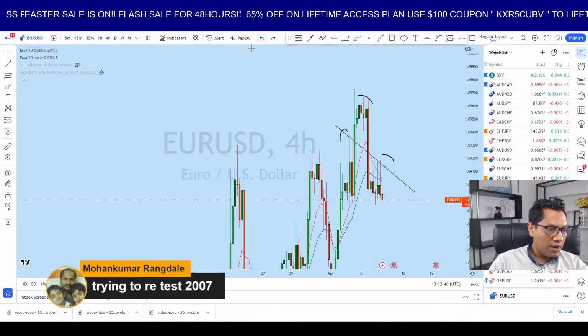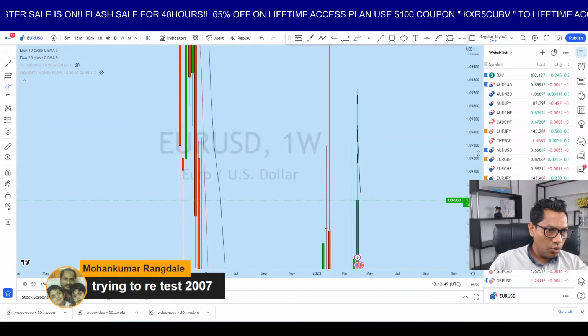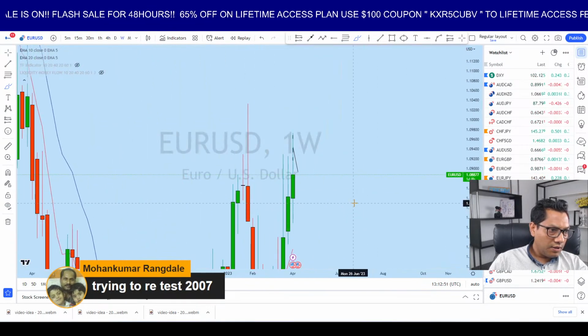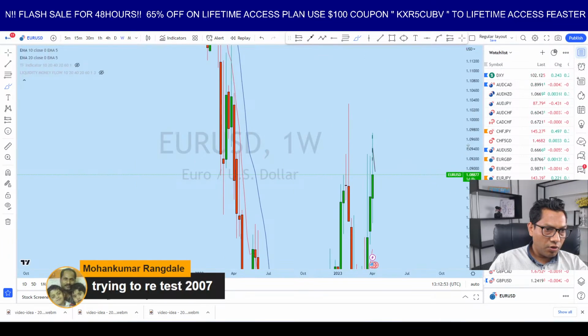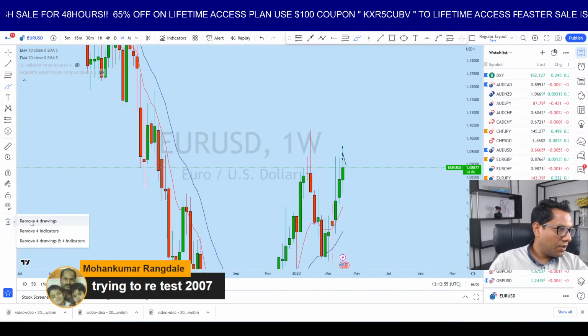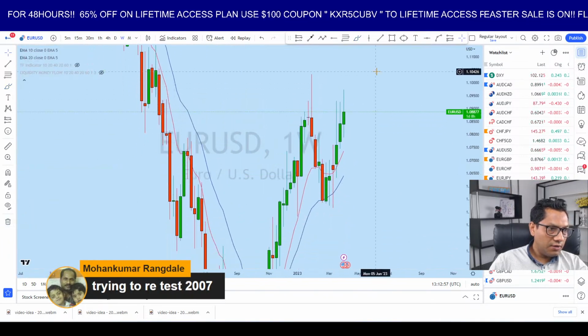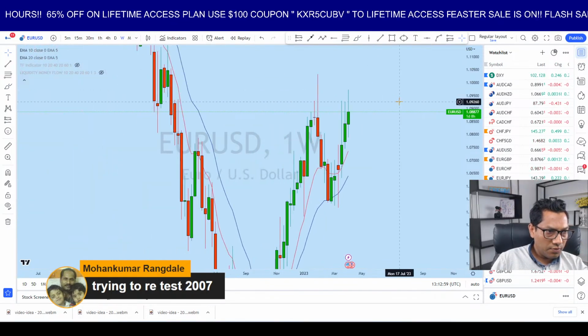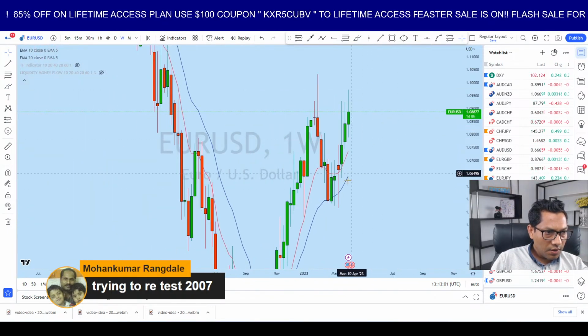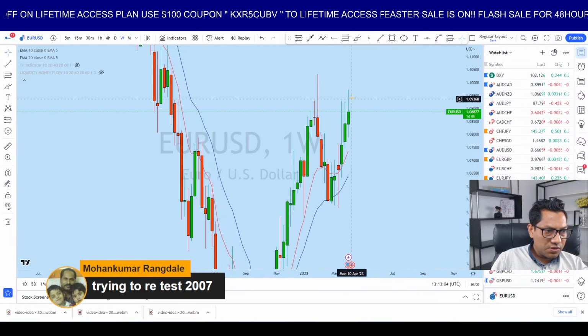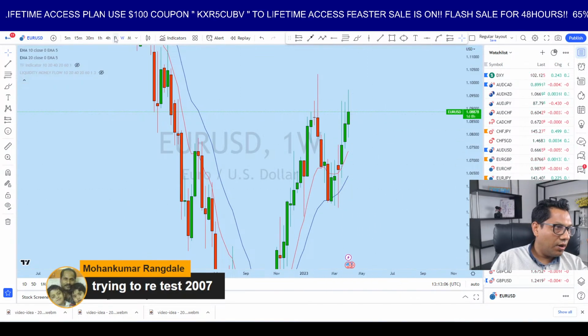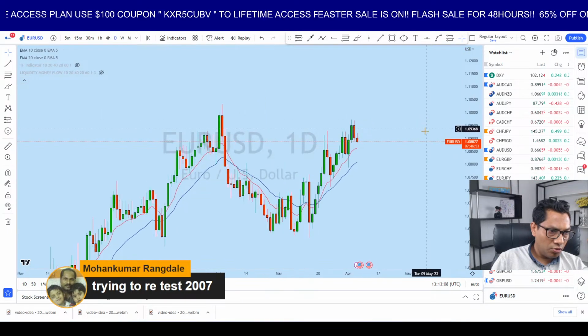It could come back down further. If you look at the weekly, I think it might come down for a deeper pullback now. Looking at this weekly time frame on euro dollar, there is a big impulse so far. We might see a deeper pullback on euro dollar.